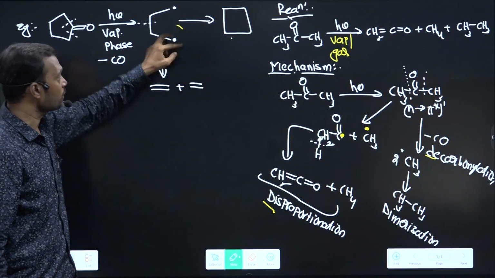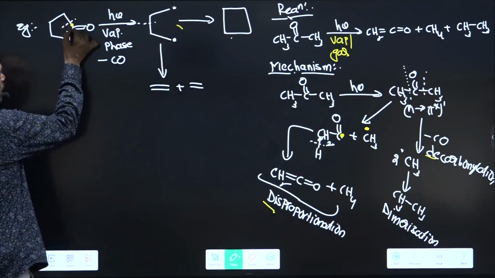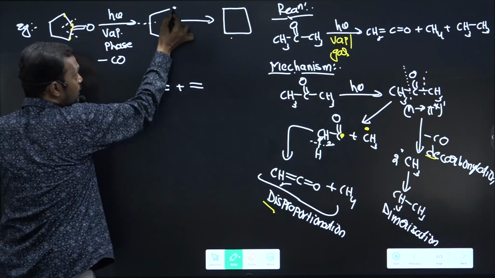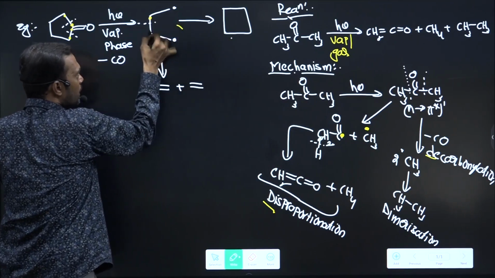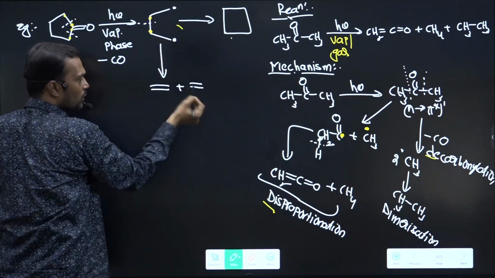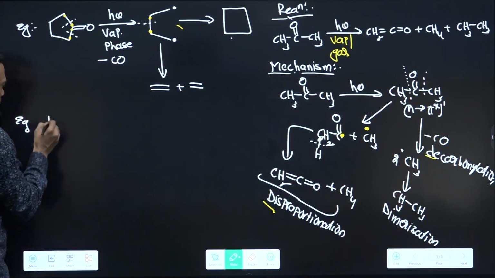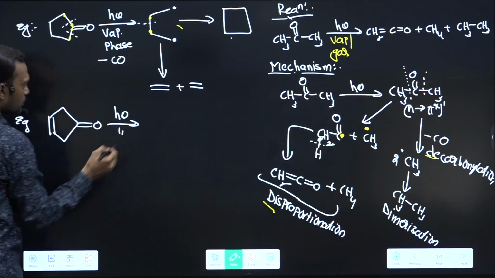Okay? So always see, after removing CO, two radicals are left on this carbon. And see, these two radicals combine together and form a 4-membered ring. If you break this radical, it forms a double bond and you will get two olefins. Suppose I put a double bond over here. Same photochemical, this state.